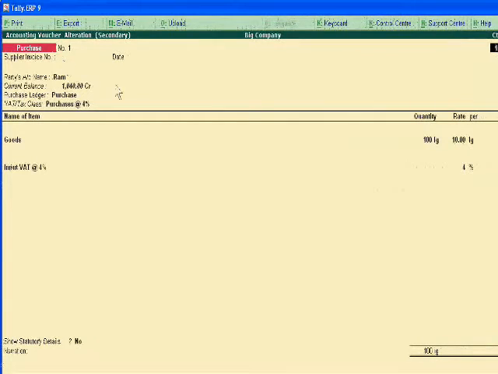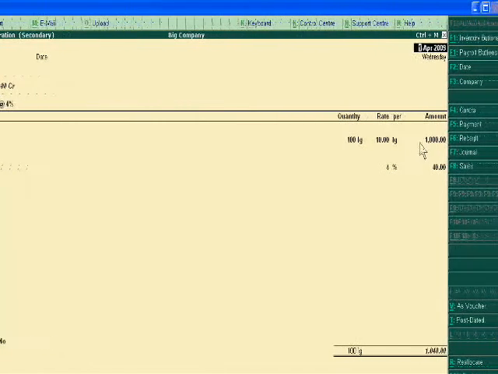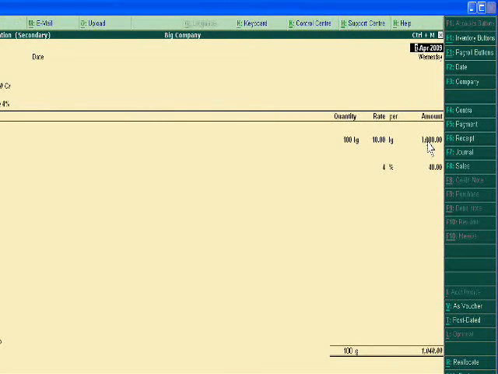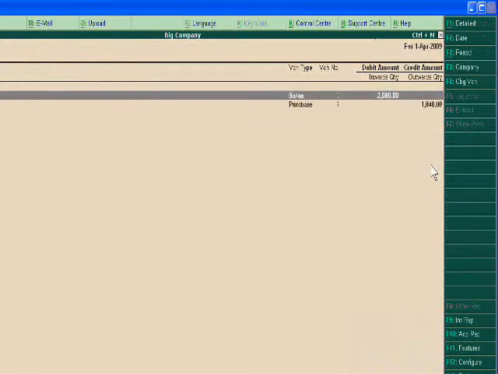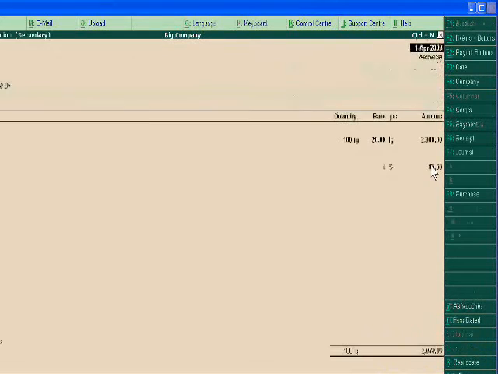In manual I can say: purchase account debit, VAT input account debit to creditor account. Ram is the creditor. So the total liability to the creditor is 1040, and we have to pay 1040. Next we have passed the entry of sale.